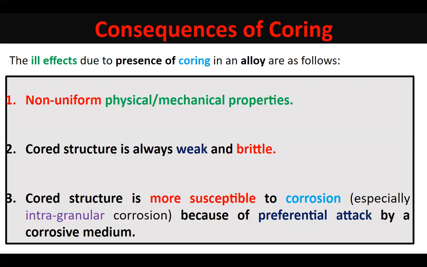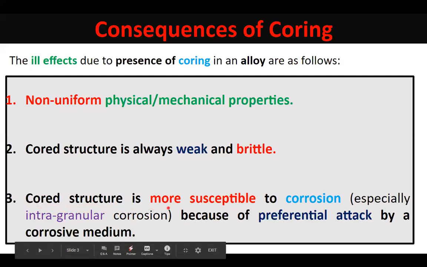If that element was attacked by some particular corrosive agent when it existed independently, that corrosive agent will still continue to attack that constituent because it's lying independently or in excess at the grain boundary, so it's not behaving like an alloy.